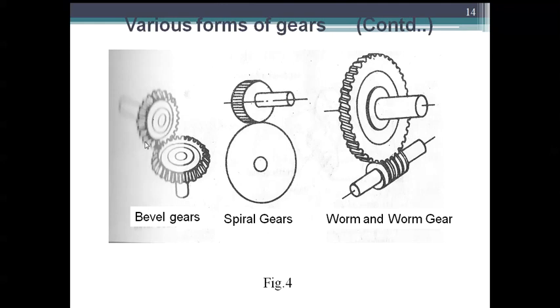Here it is also used to transmit power between shafts which are non-coplanar and not parallel. Due to the spiral teeth, they provide uniform and silent teeth engagement. It has more power transmitting capacity than normal bevel gears.